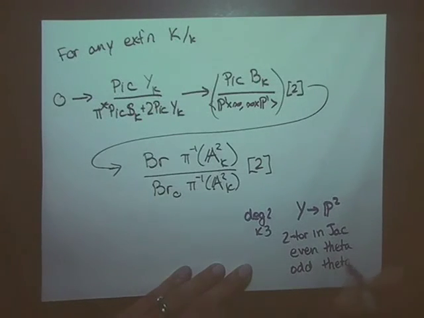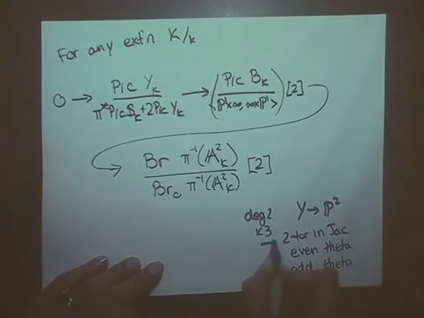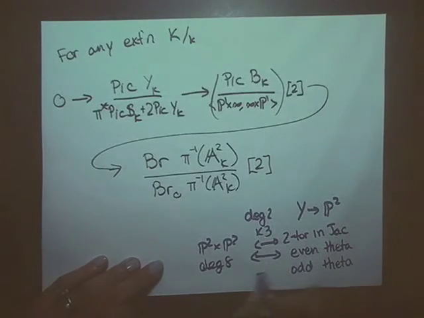And there is a very nice story that very explicitly goes back and forth between them. This one corresponds to the double cover of P2 cross P2. This one corresponds to the degree 8 K3. And this one corresponds to the cubic fourfold containing a plane.